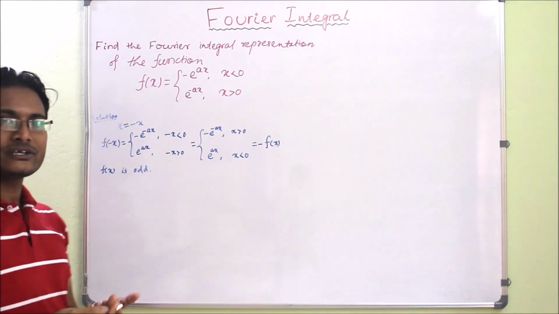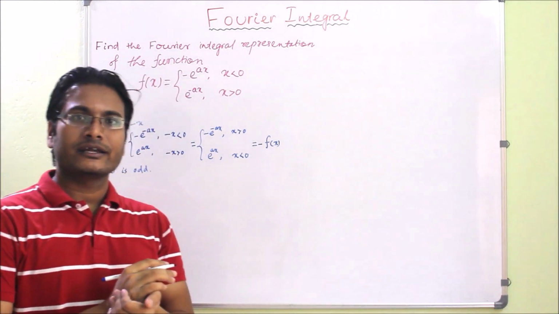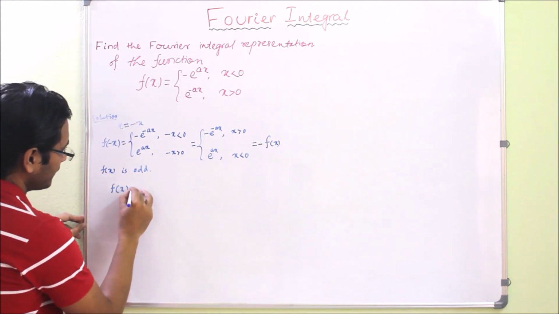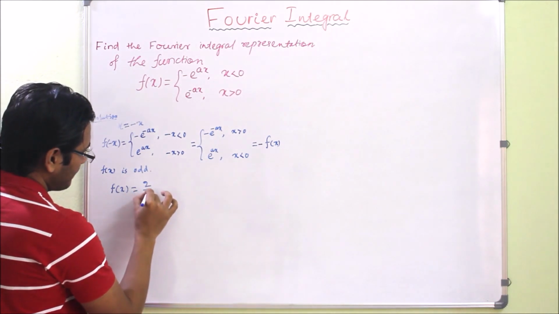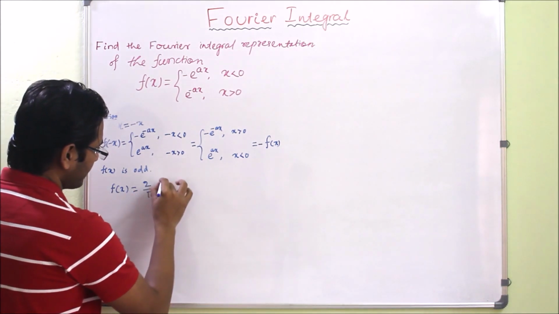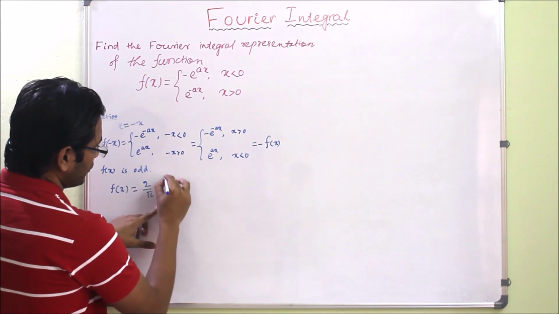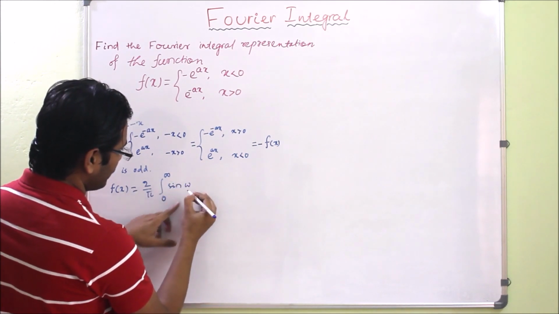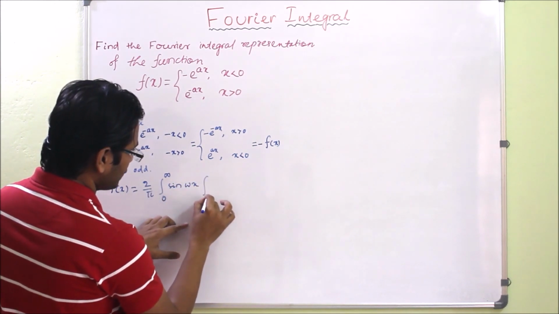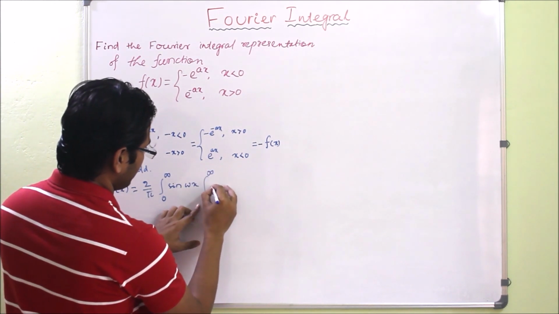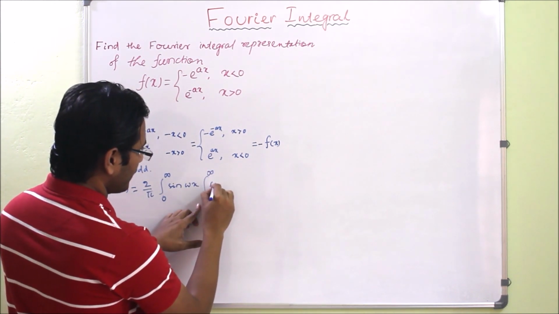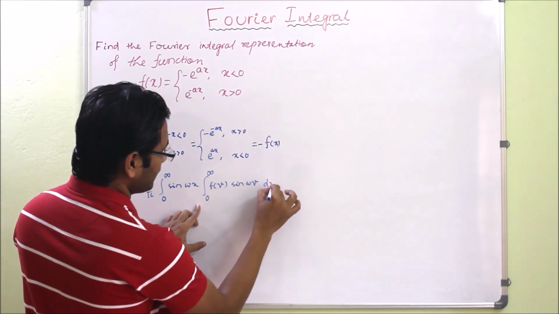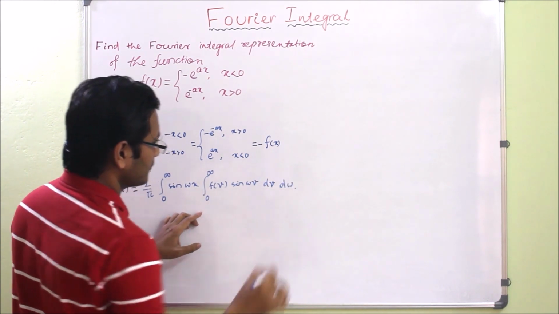So when the function is odd, what is the Fourier integral representation of the function? The function will be 2 by pi, integral from 0 to infinity of sine wx, integral from 0 to infinity of f of v sine wv dv dw.